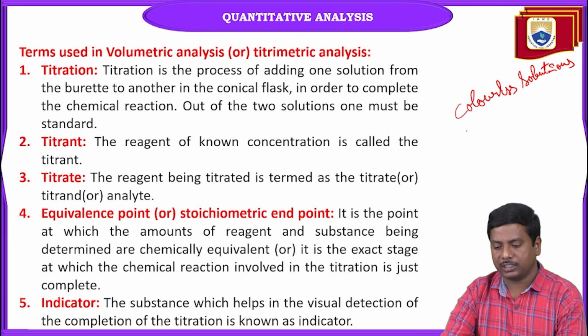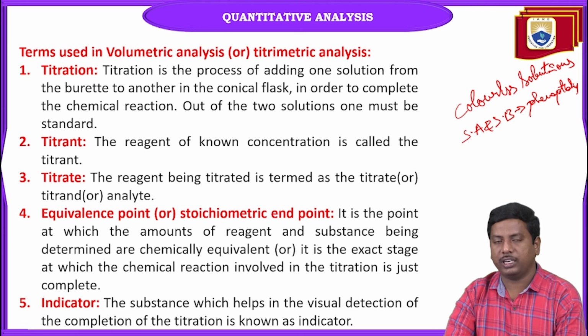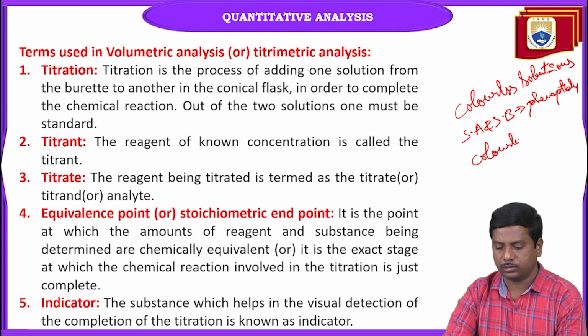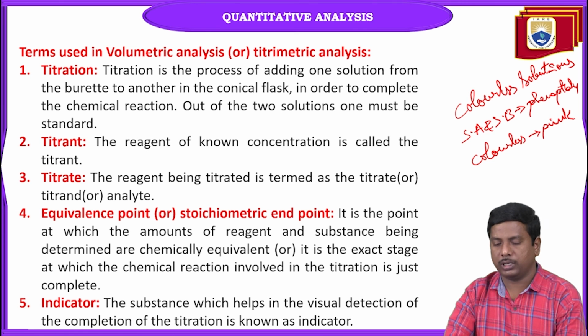So for example, in the case of strong acid and strong base, we consider phenolphthalein indicator. That phenolphthalein indicator shows a color change, colorless to pink. Okay, so from acid to basic medium.